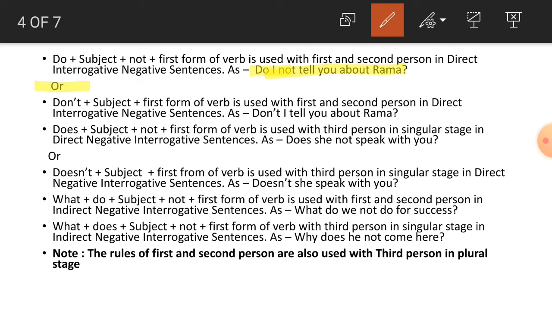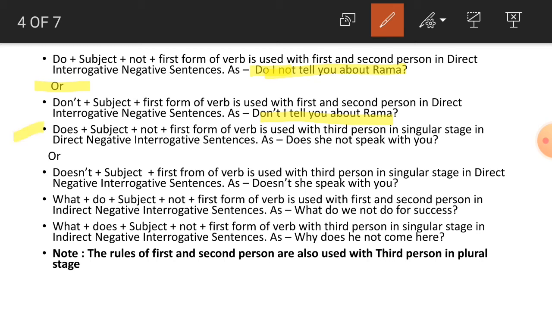It means we can also write like this: don't plus subject plus first form of verb is used with first and second person in direct interrogative negative sentences. It means we can combine do plus not. It means don't. Don't I tell you about Rama? We can also write in this way.